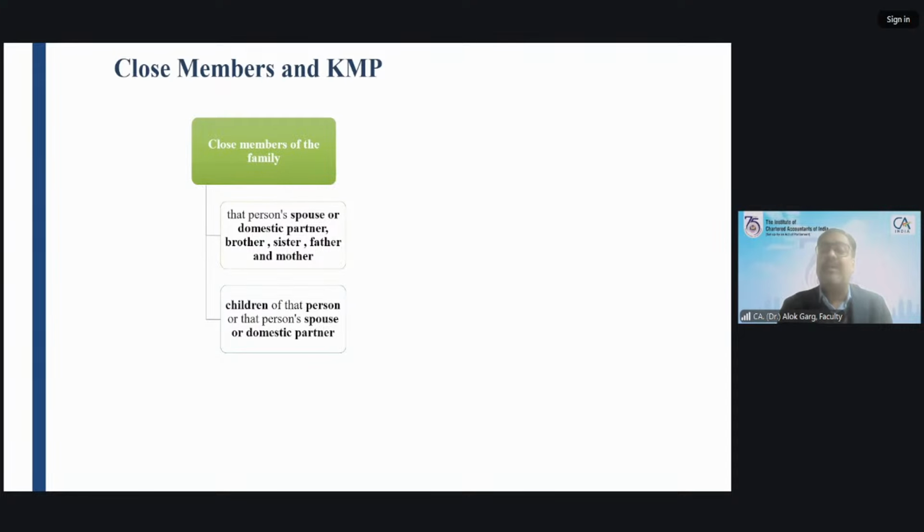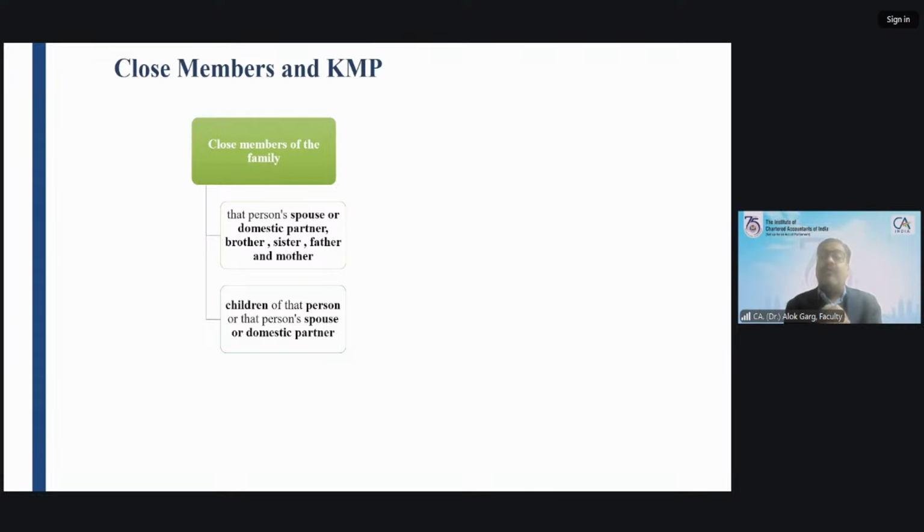Why is it written children of that person or that person's spouse? For example, this person has a second marriage, right? So there were kids from his wife, right? So the kids from the first marriage will also become a related party to this person.